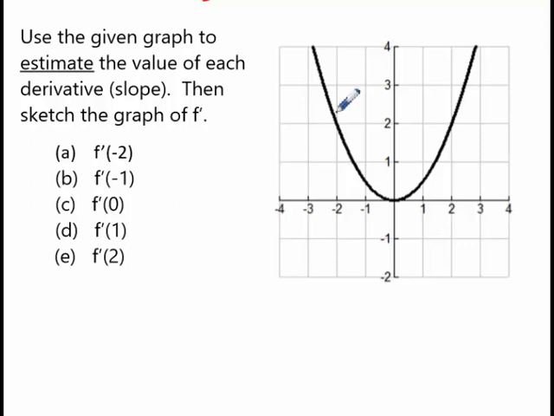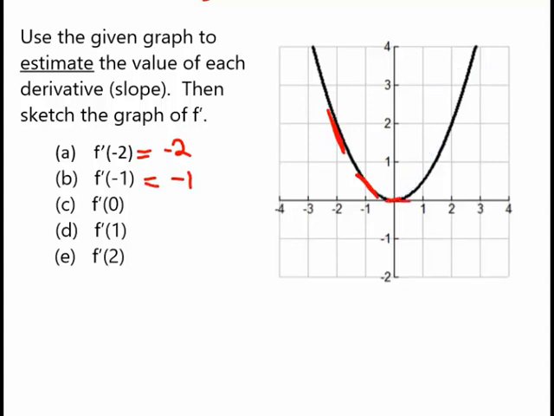So we'll start at negative 2. And I kind of sketch a tangent line. That to me looks like it has a slope of negative 2. Then at negative 1, I do a little sketch estimating that tangent line, and that looks like about negative 1 for our derivative.